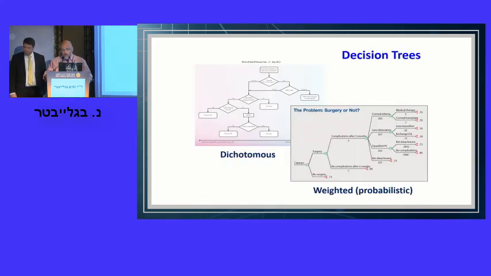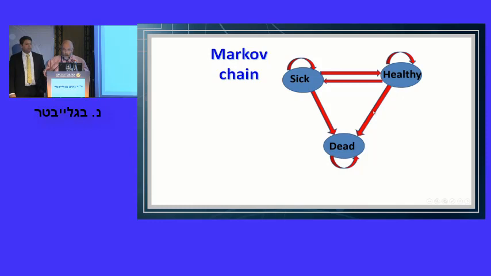We all use, consciously or unconsciously, decision trees, simple decision trees like this one with a yes or no answer, or a little bit more complicated, probabilistic one, in which every probability that appears in every branch here is generated by evidence-based medicine. And what I would like to spend a couple of minutes on now is to describe to you something new, maybe to most of you, the Markov chain.